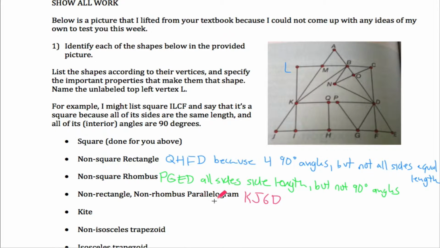Sure. It's a parallelogram because it has two sets of parallel lines or parallel sides.